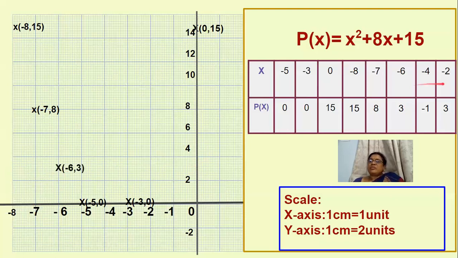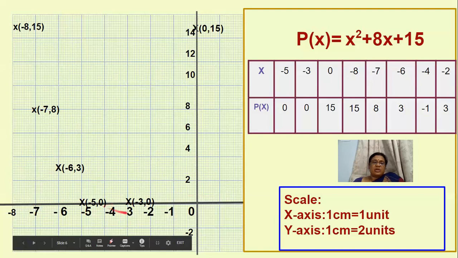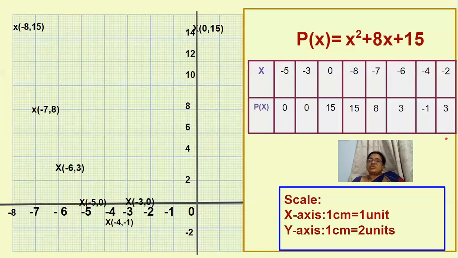Next, when x is minus 4, y is minus 1. X is minus 4 and y will be minus 1. This is 0. This is minus 2, in between number. Somewhere I should get like here. Next point is x is minus 2 and 3. Minus 2 and 3. So these are the points.